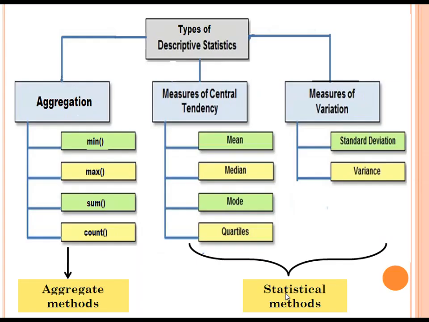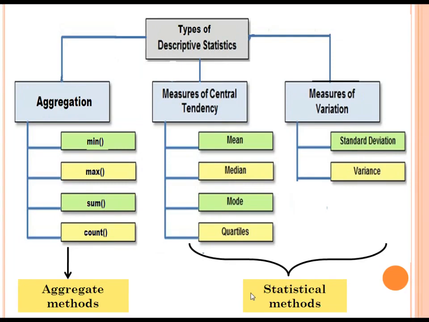See the broader division, types of descriptive statistics. We have majorly three types. There are many more, but you have to study these. First one is aggregation, second one is measures of central tendency, and third is measures of variation.